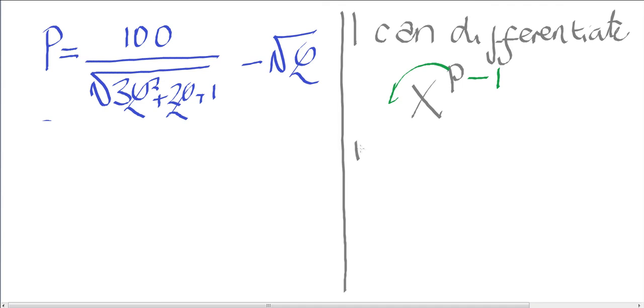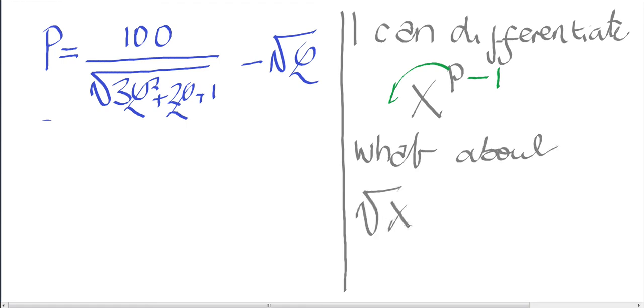But what about things like the square root of x? What can I do with that? Or 1 over, say, x to the power of 3. What can I do there? I need to rewrite it so that it's something x up to a power. So in the square root case, and it's something you'll have to remember, the square root of x is the same thing as x up to the half.